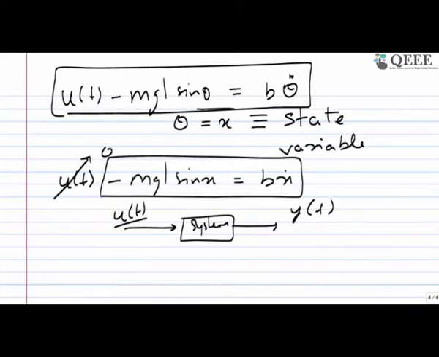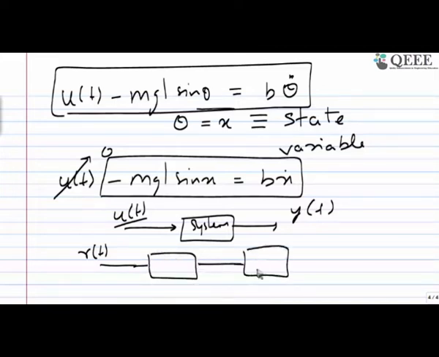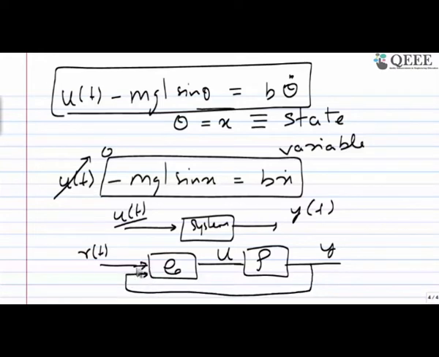So if you try to visualize this one, we have a system, you give the R of t. We can draw this in this way as well. You have a plant, you have a controller, you have an output Y. This is the input of the plant, and this output is fed back to the controller.